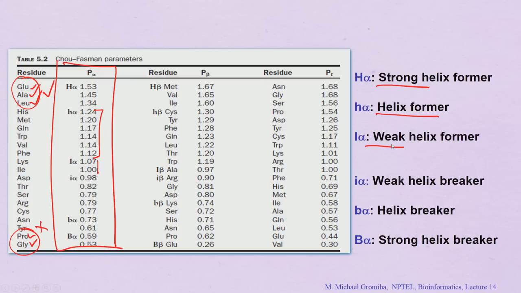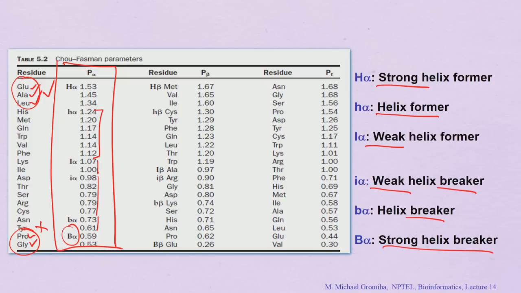Then coming down, there is just a little bit less than 1, so they make it weak helix breaker because it does not prefer to be in the helix, and you can say b alpha, these are helix breakers, and capital B alpha is strong helix breaker. So based on the propensity numbers, they grouped into 6 groups: strong helix former, helix former, weak helix former, weak helix breaker, helix breaker and strong helix breaker.